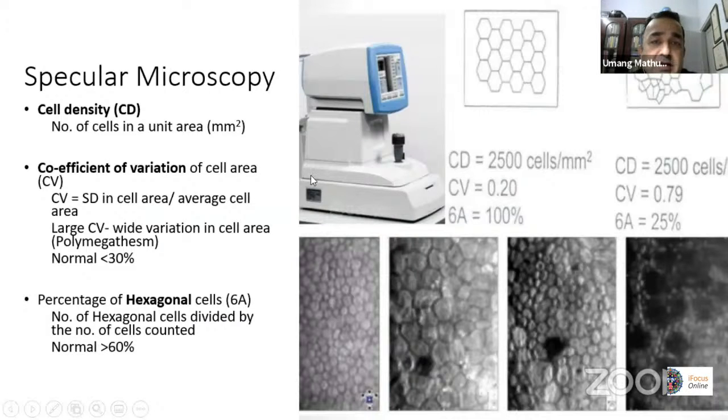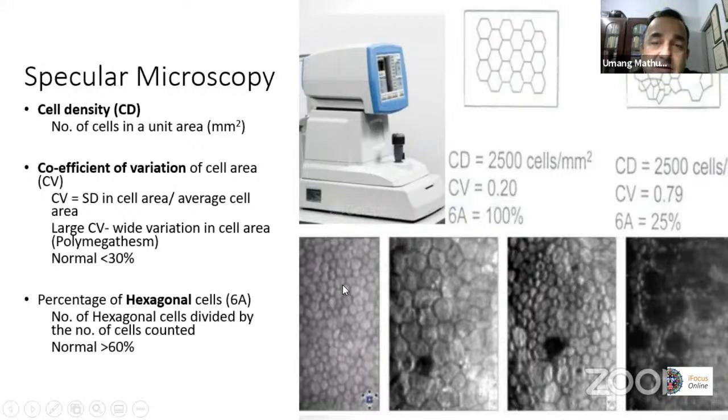Specular microscopy, I think, is something that at least this much everybody should know. What do you measure? You measure the cell density, which is the number of cells in a unit area. For most adults, we would consider somewhere between 2,200 to 3,000 cells as quite okay. Then it is not enough to just look at cell density. We know all the endothelial cells need to be hexagonal.